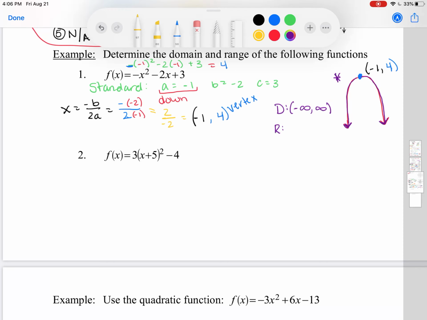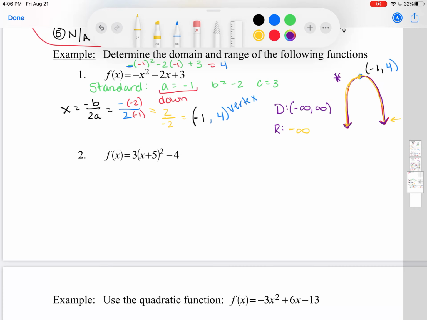For my range, however, range is your y values. You want to go from the bottom up to the top. So my bottom is here. They both have arrows pointing down, which means it's going on and on forever, downwards, all the way to negative infinity. And then as it moves up, it's going to touch that vertex and obviously can come back up this way as well.